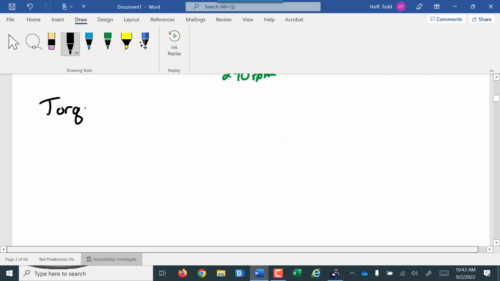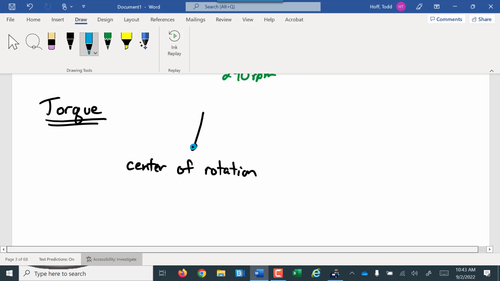Well, when we're dealing with pulleys and gears, an important concept is torque. Torque is a force that causes a rotational motion. So when we're dealing with torque, we have to start off with a center of rotation.